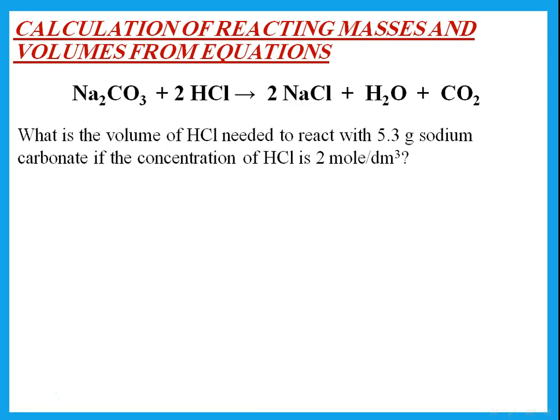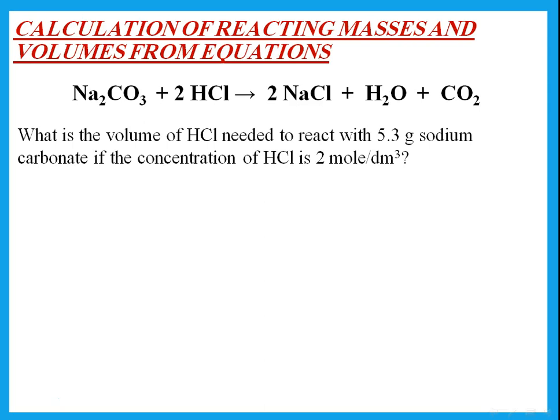You should realize that the balanced equation shows the ratios of moles when they react. So in the equation, there is no number in front of sodium carbonate, and that means the number is 1. So that means 1 mole of sodium carbonate will react with how many moles of HCl? With 2.